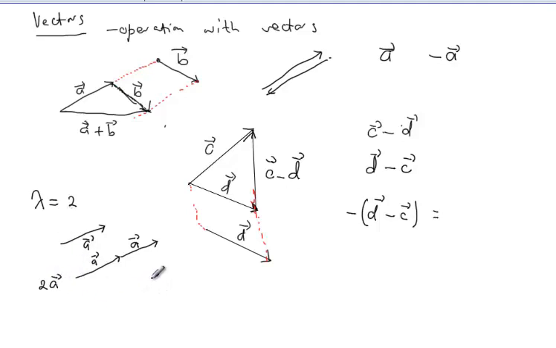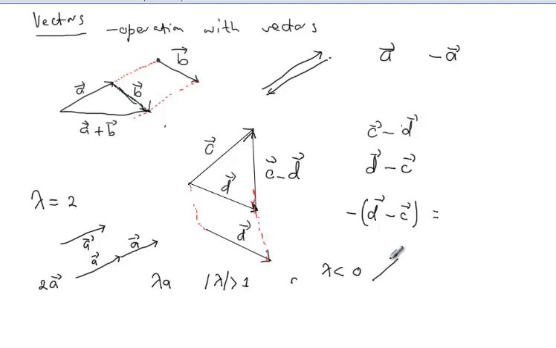So in general, if you've got A, you can also get lambda A. This lambda can be greater than 1, or let me talk about the absolute value of lambda. The absolute value of lambda can be greater than 1. Lambda itself can be negative or positive. If lambda is negative, the vector will change orientation.